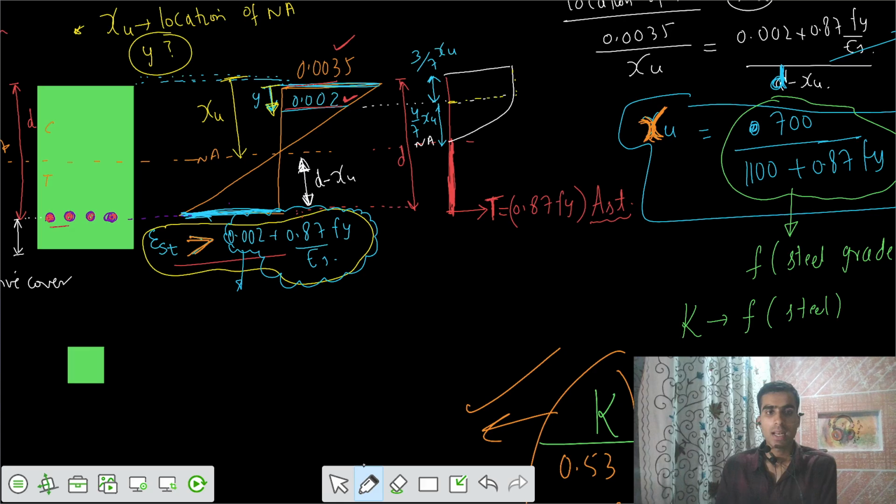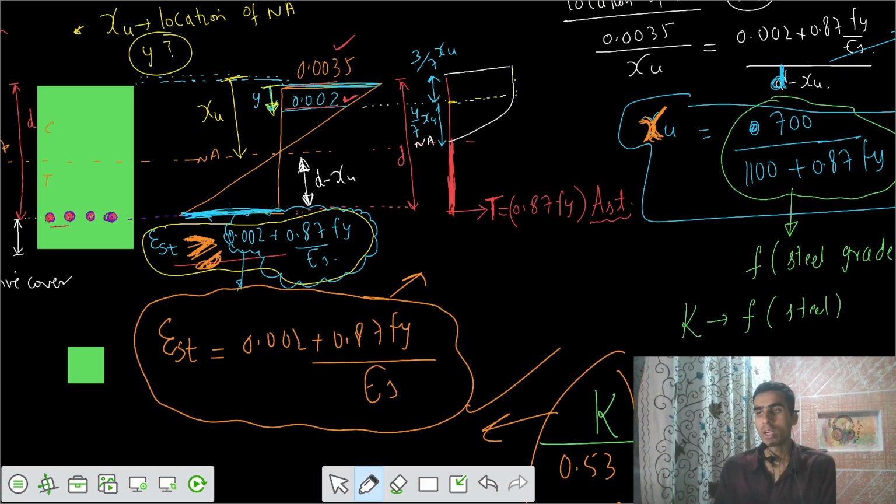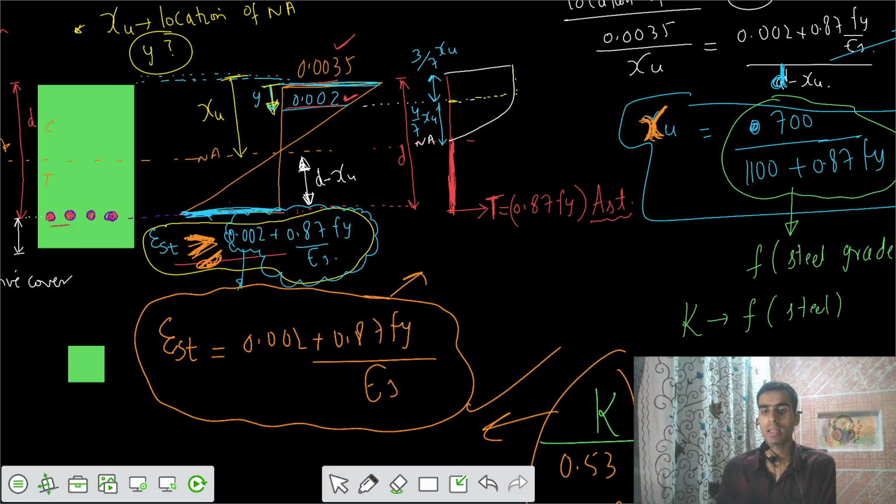Actually the strain should be more than what we have here, but for the calculations we say that strain in the steel should be equal to 0.002 plus 0.87 Fy by Es. And when the strain is this much value in the bottommost extreme fiber in the tension zone, this means that we have a section that we call a balanced section.